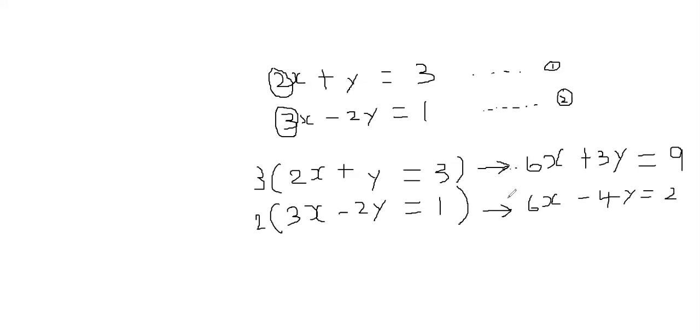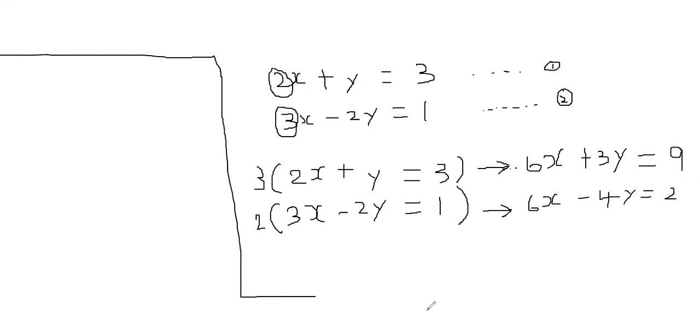So remember, before we subtract throughout, we need to do this. This will allow the two x terms to be the same. Here we have 6x and 6x. So now we could easily subtract throughout, and it will become 0.